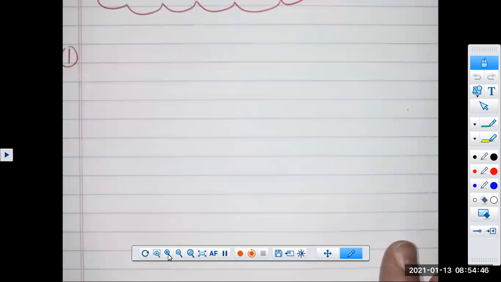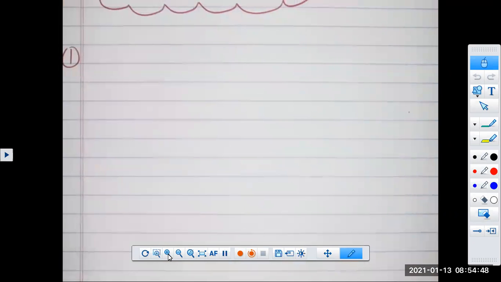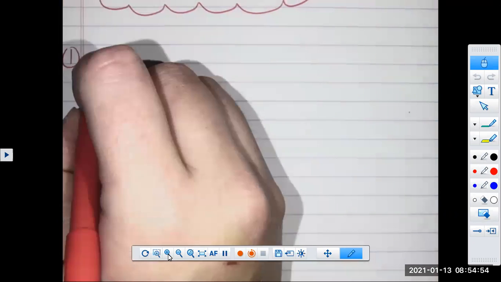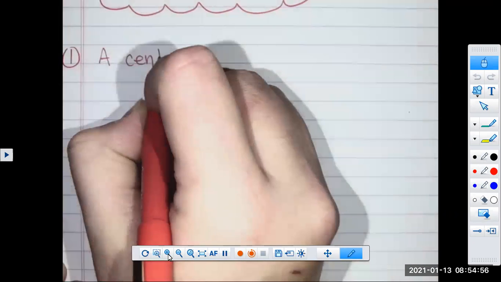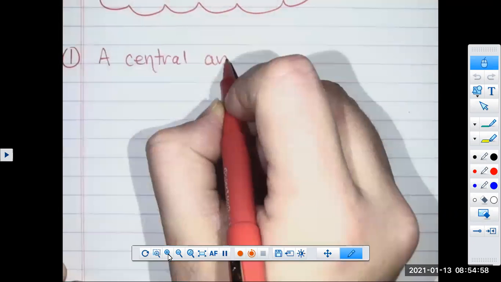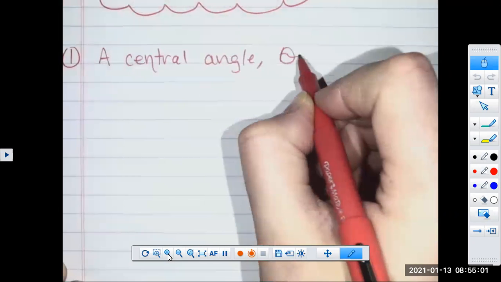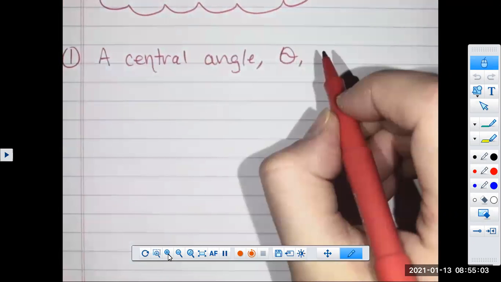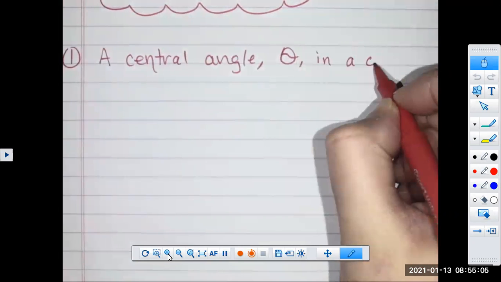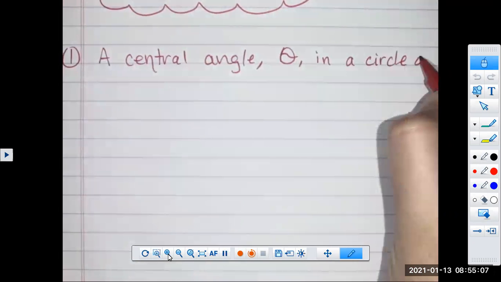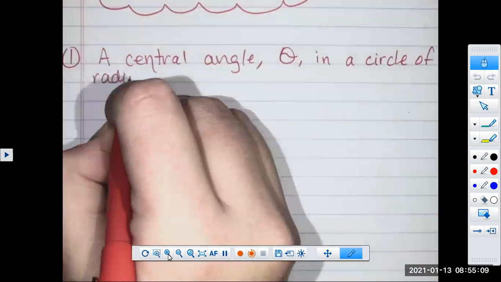Okay, let's look at some examples before we move on. We're going to look at how to get a central angle in radian measure, how to convert from degrees to radians, and vice versa. You've got a central angle, theta, in a circle of radius 6 inches.